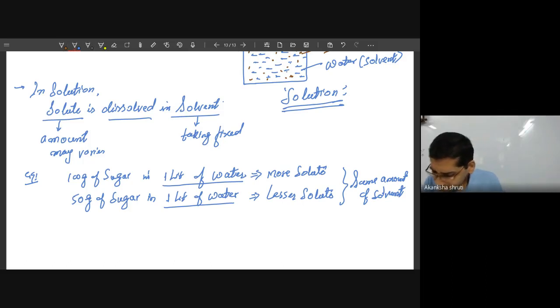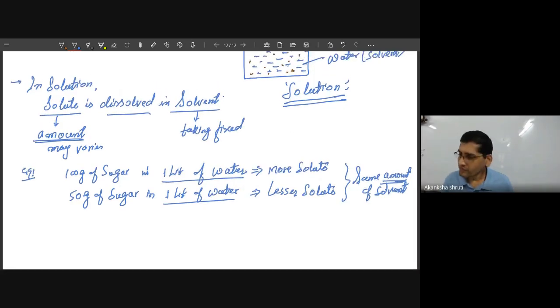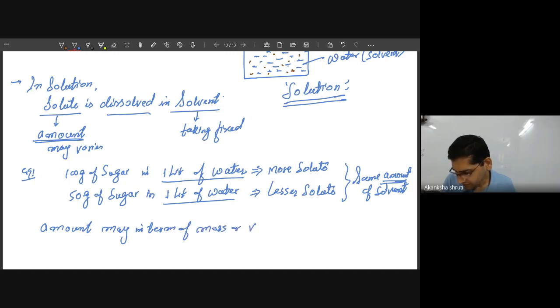So this amount may be expressed in terms of mass or volume, maybe some other ways also. Say the number of particles one may consider, or the moles that we will learn later.